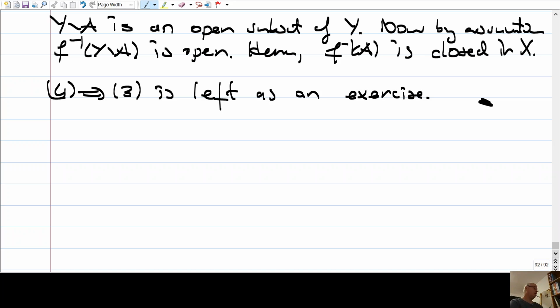show something. Well, I will define so-called uniformly continuous functions. Okay. So here's the definition.